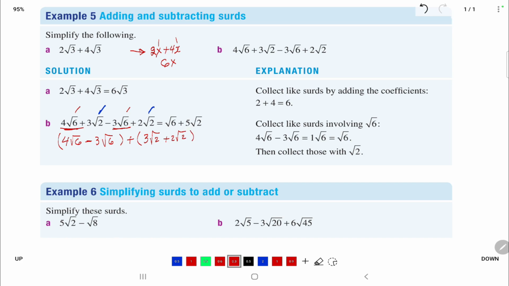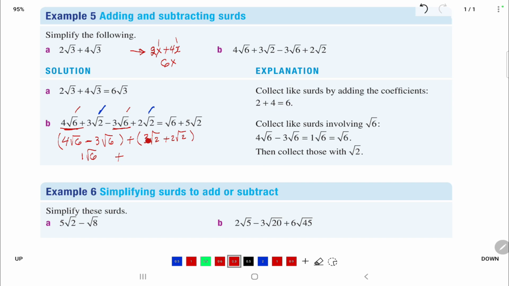Now you see why I collected these terms: because the square root of 6 terms are similar, and here the square root of 2 terms are similar. So 4 minus 3 is 1 under the square root of 6.